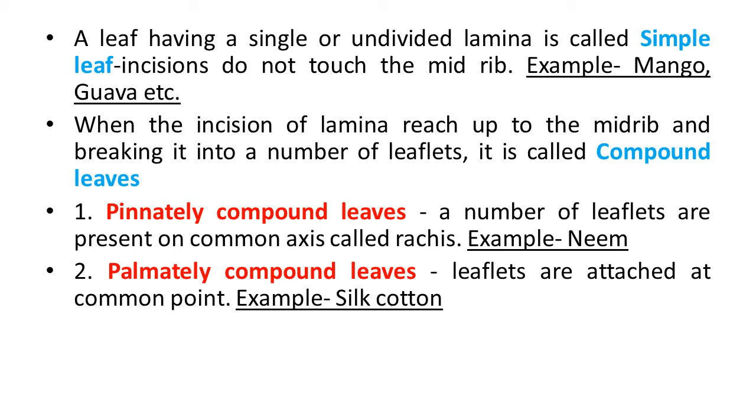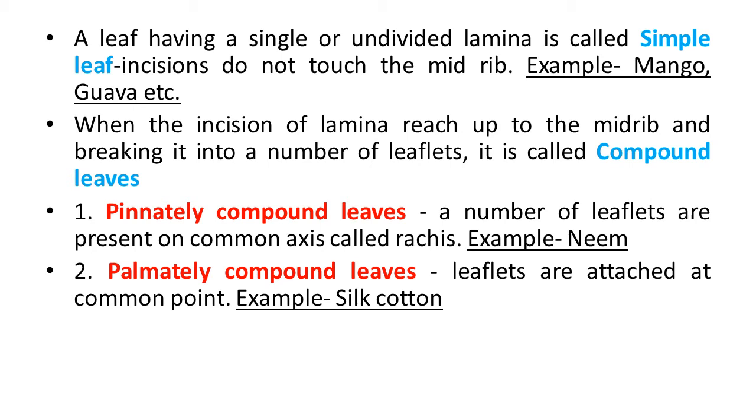It means that now the main leaf lamina, due to this incision, is divided into a number of parts, and these parts are known as leaflets. So this is the difference between a simple leaf and a compound leaf.